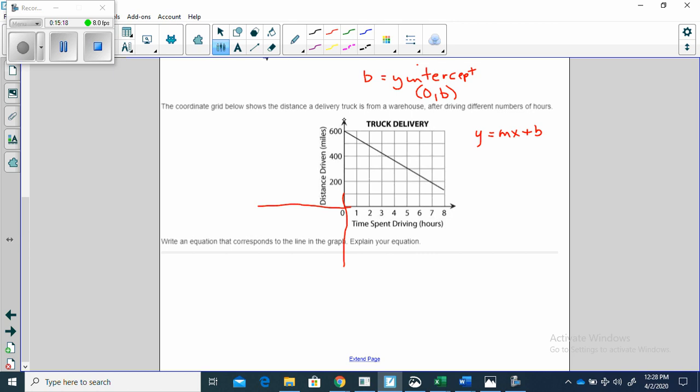It's where this crosses the y-axis. Where does it cross the y-axis? At 600. That's where we start. He starts 600 miles away from the warehouse. b is 600. That point is at 0, 600.